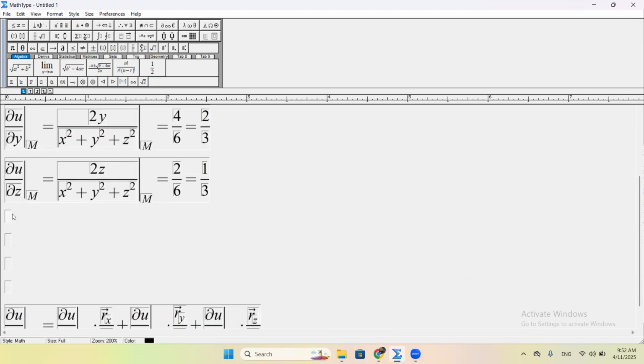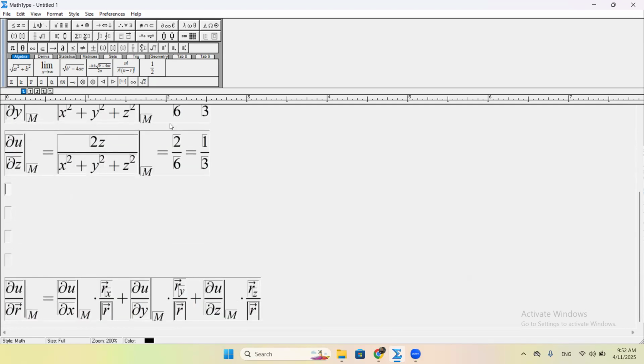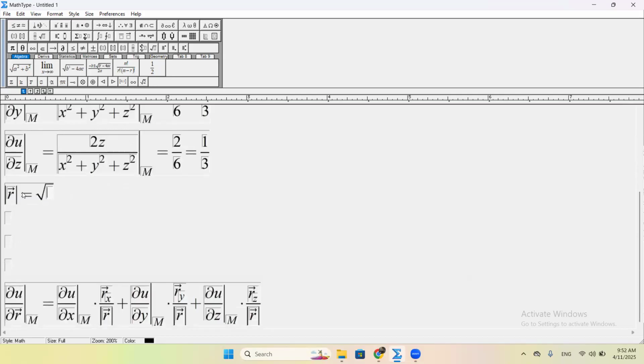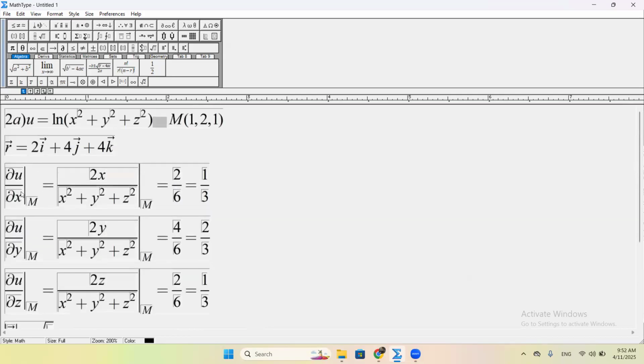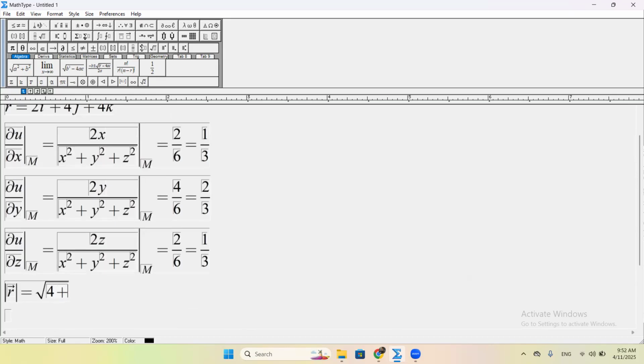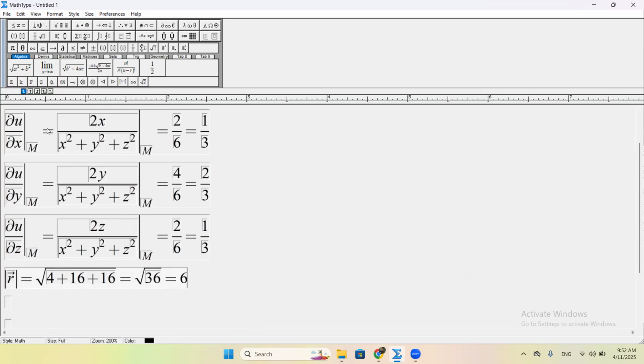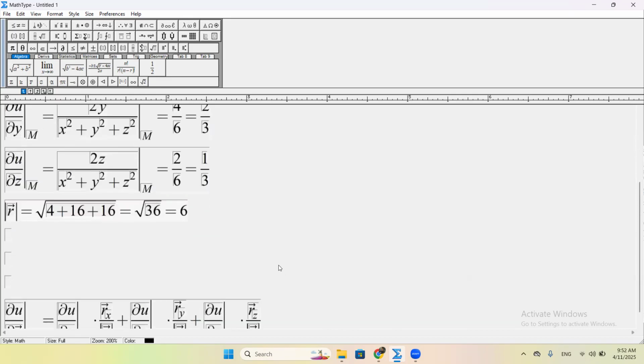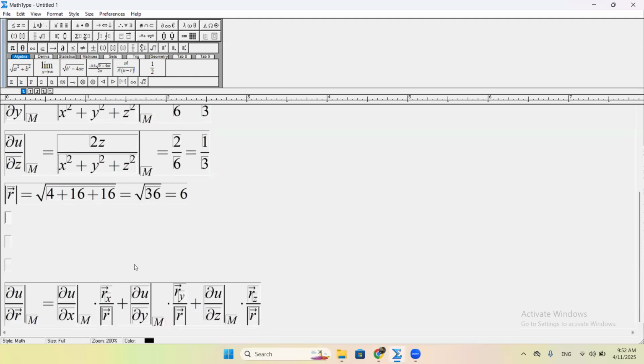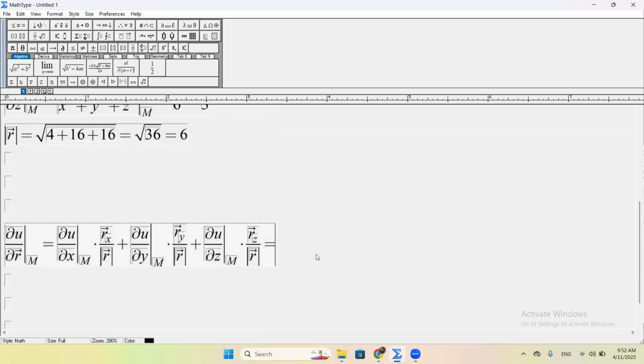Well, so now we have to calculate the magnitude of vector r. So 4 plus 16 plus 16, so it will be equal to the square root of 36, which equals 6. So found it. So now we can calculate the derivative in the direction of this vector.